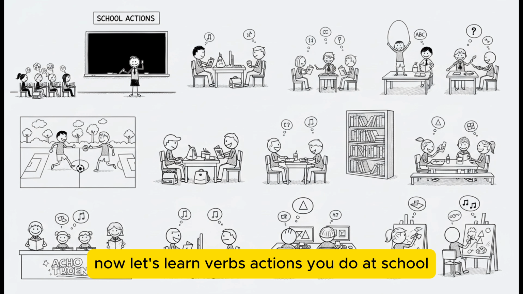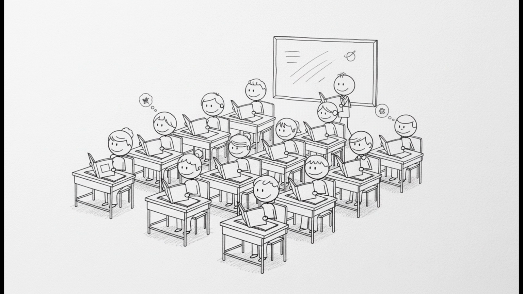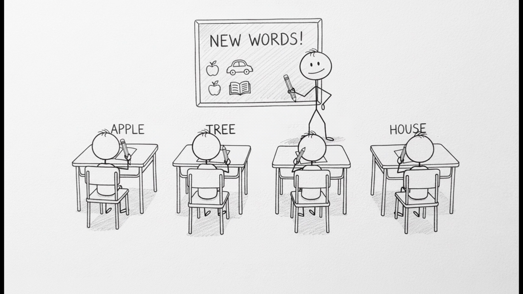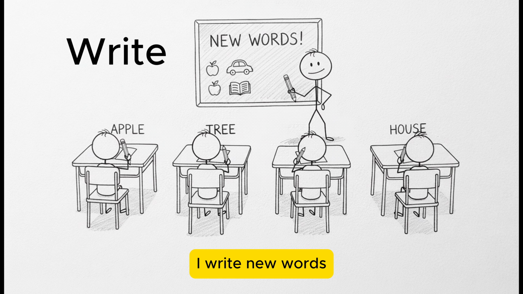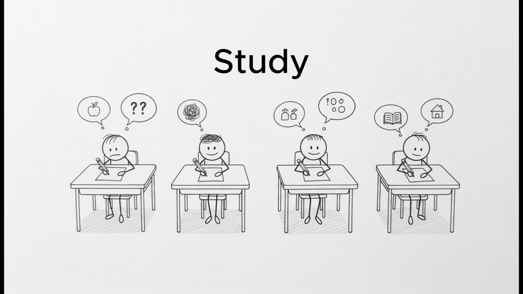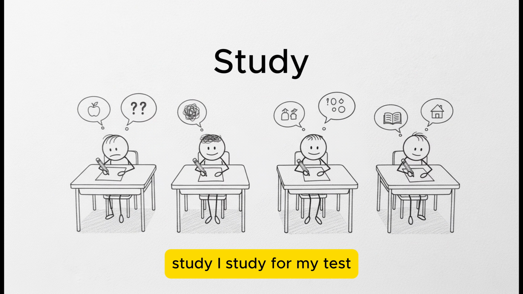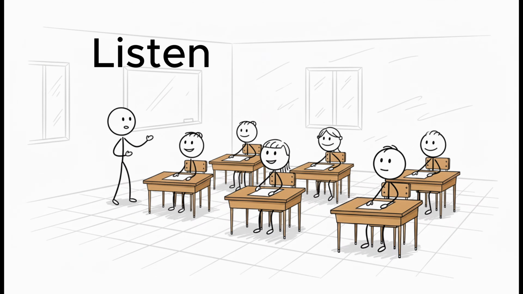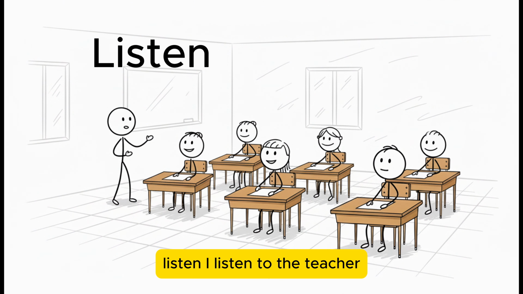Now, let's learn verbs, actions you do at school. Read. I read my book. Write. I write new words. Study. I study for my test. Listen. I listen to the teacher.